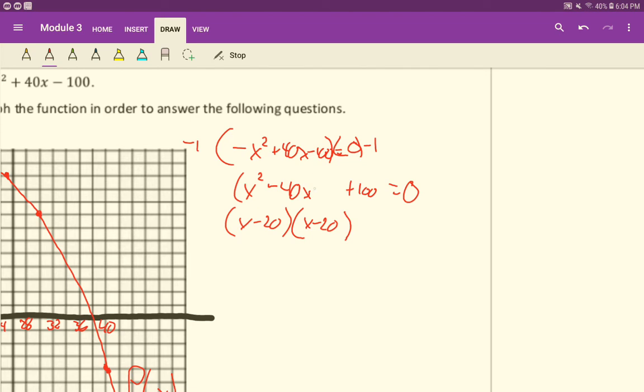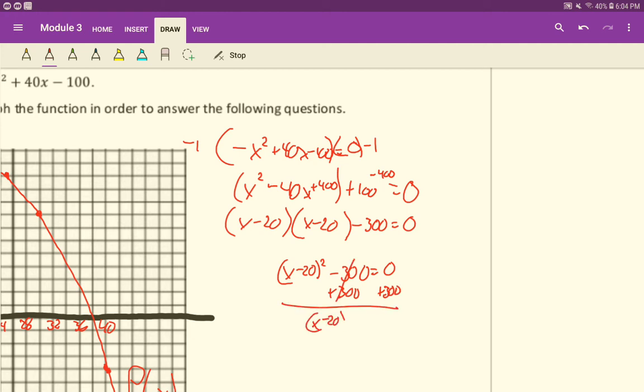Well, negative 20 times negative 20 is positive 400. And since I'm adding a 400 here, I also have to subtract a 400 as well. So I'll have a minus 300 out here. So I'll have x minus 20 squared minus 300 equals 0. So we'll add 300 to both sides to get x minus 20 squared equals 300.